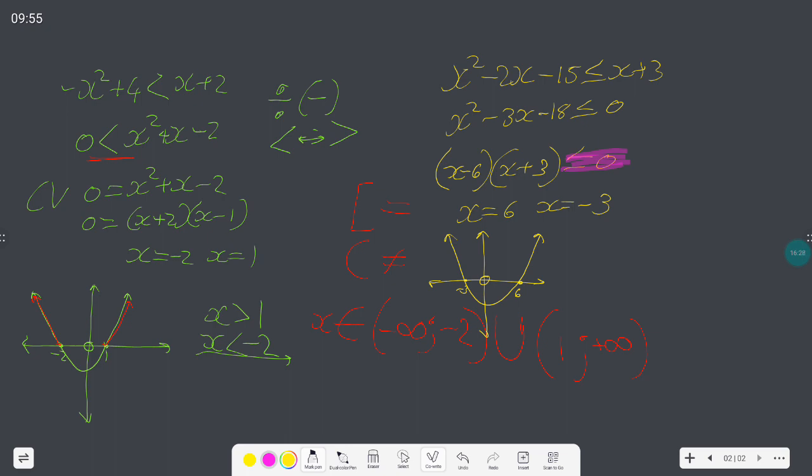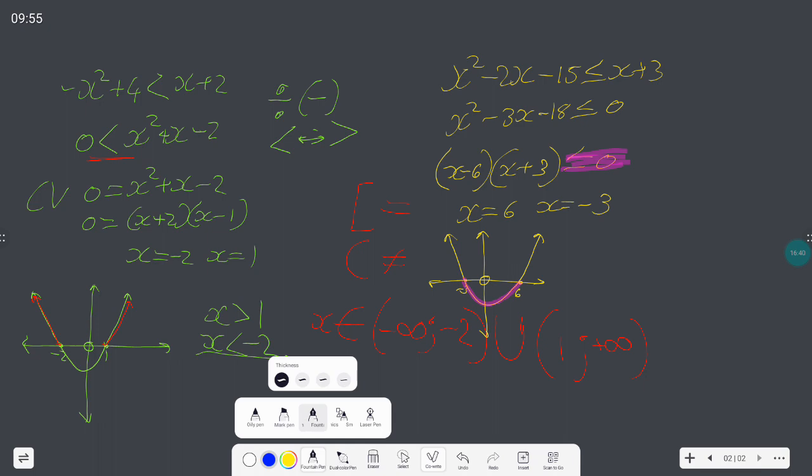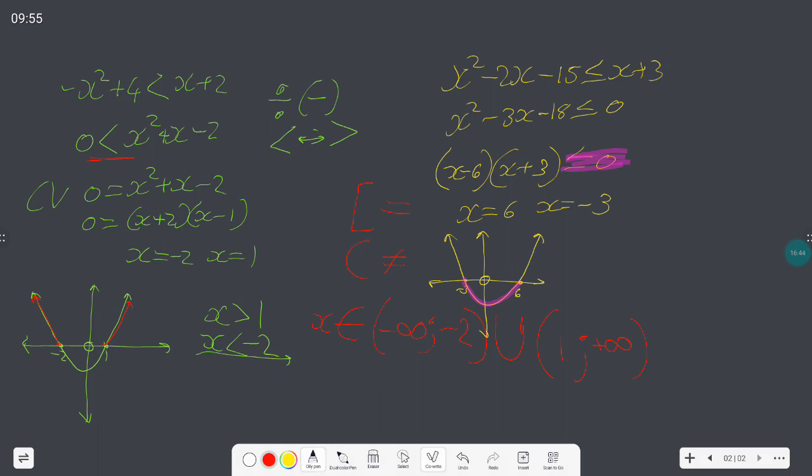So where will this graph be smaller than and equals to 0? It is smaller and equals to 0 for that part. Does it include those two values? Does it include this point here and this point here? Why? Because they say it's equals to.